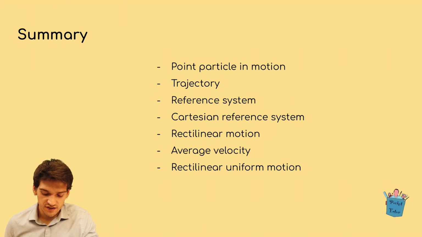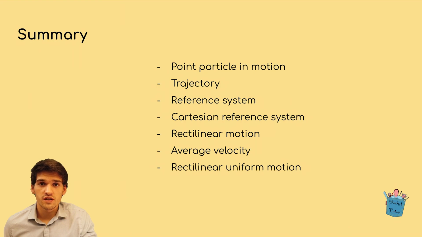Then we have seen the Cartesian reference system, that is the most commonly employed, for which we need two different axes that must be orthogonal between themselves when we are considering the plane. We need an origin and a unit of measurement. We have seen the rectilinear motion and the rectilinear uniform motion when we add a constant velocity. And then we have seen how to compute the average velocity of a body. That is the ratio between the distance traveled and the time needed to travel that distance.